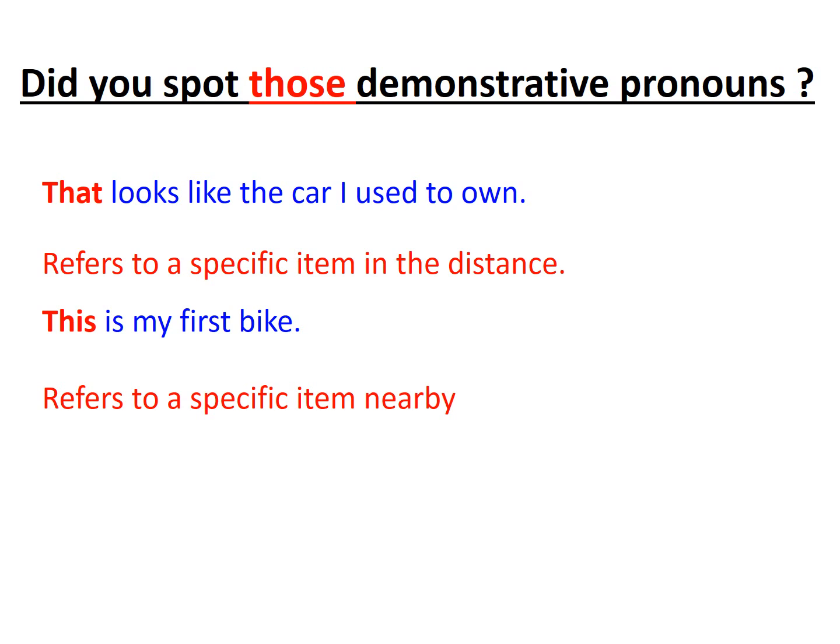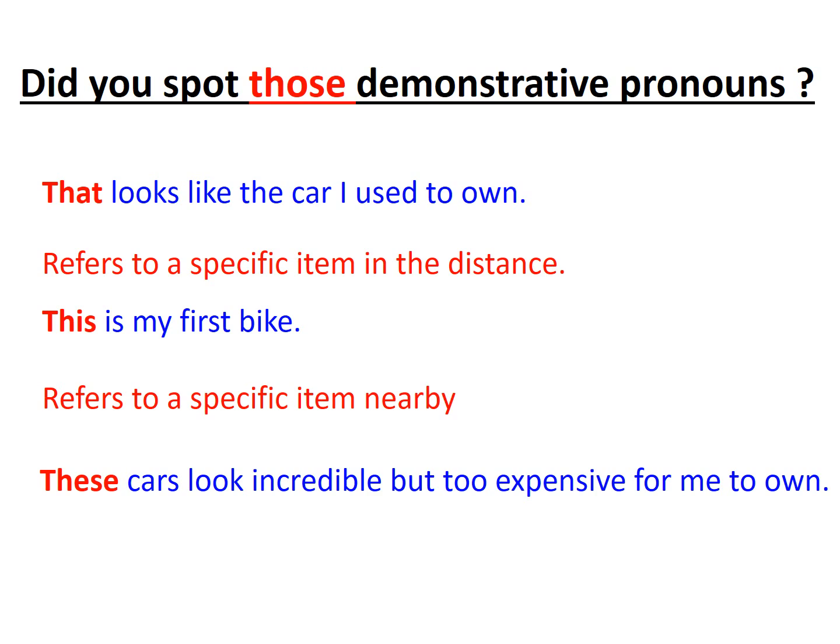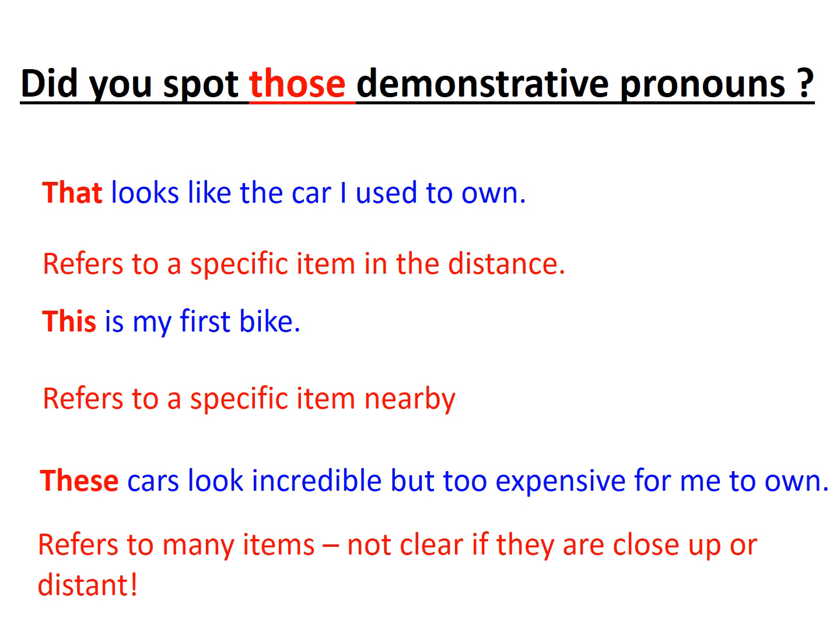These cars look incredible, but too expensive for me to own. Oh, I understand. It refers to many items. It's not clear to us if they're close up or distant, but we understand there's many of them. And these cars, it suggests to us that this person is aware of all that they can see linked to these cars.